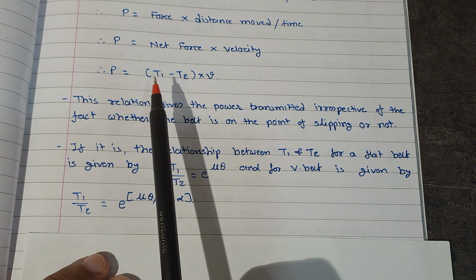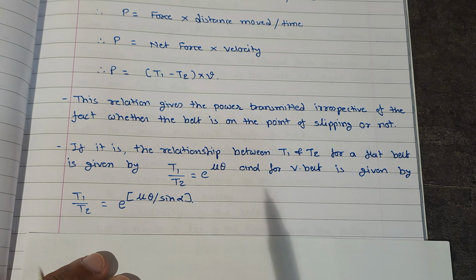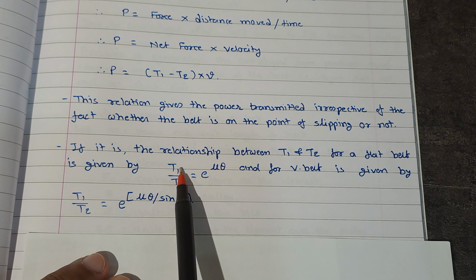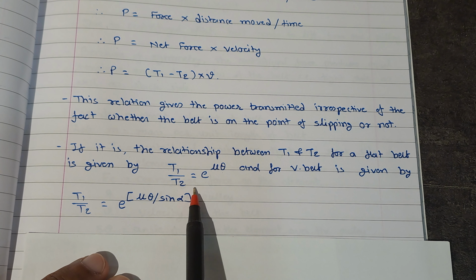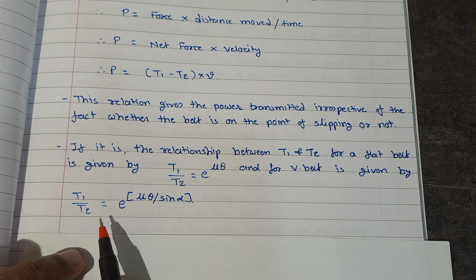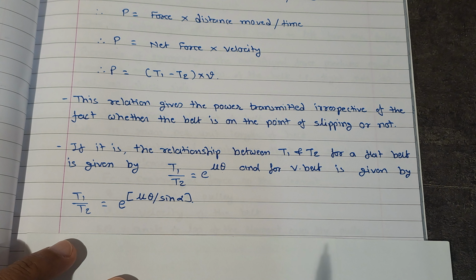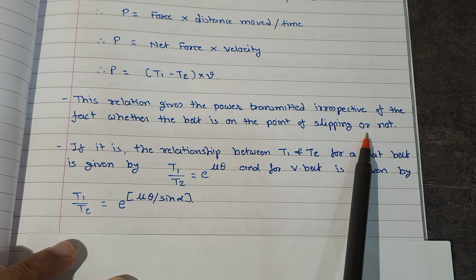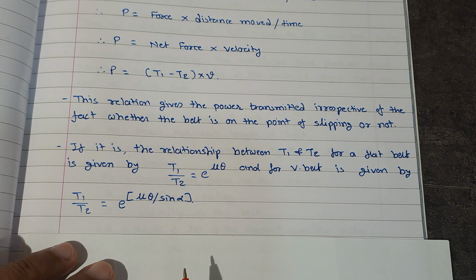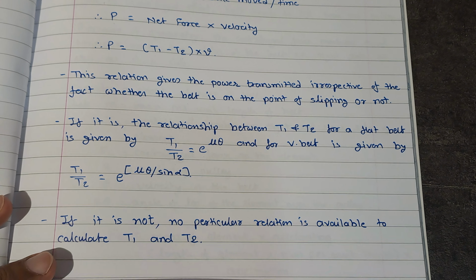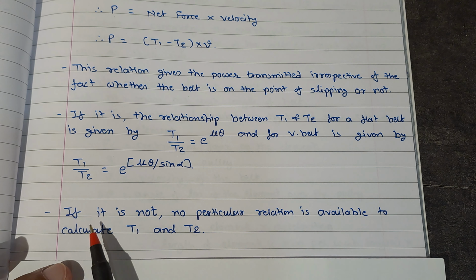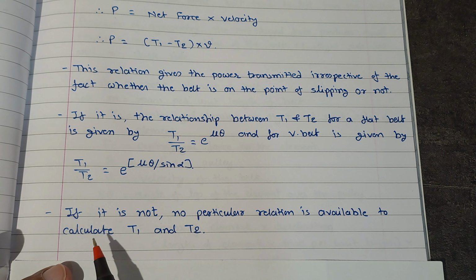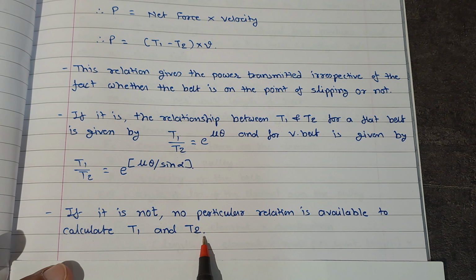But for this power transmission capacity equation, that condition is not required at all. For the tension ratios, in case of the flat belt as well as the V belt, it is essential that the belt is on the point of slipping. That is necessary. If that condition is not there, no particular relation is available to calculate T1 and T2.